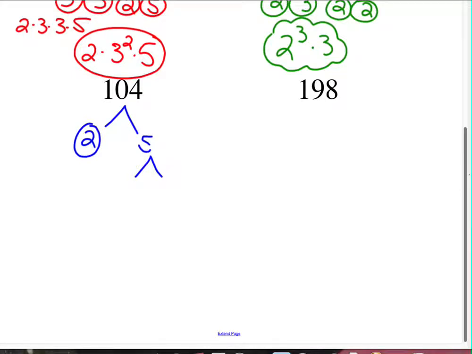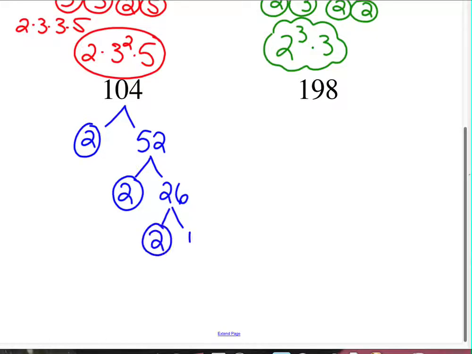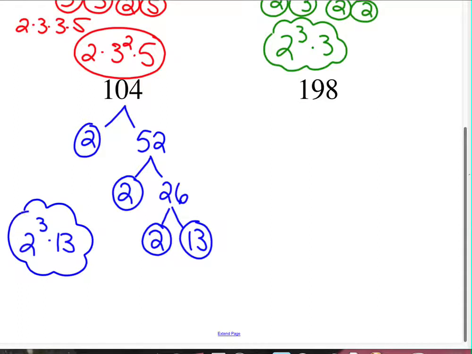Anyways, 52 is even. Divide it by 2. And 26. Prime. Not prime. Even number. Divide by 2. And 13. Both prime. 2 to the third power times 13. Final answer.